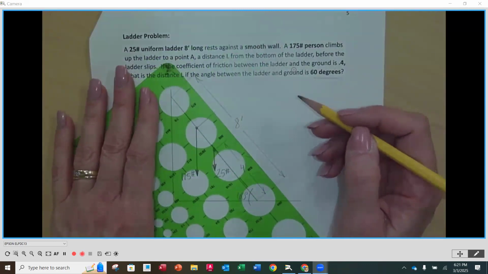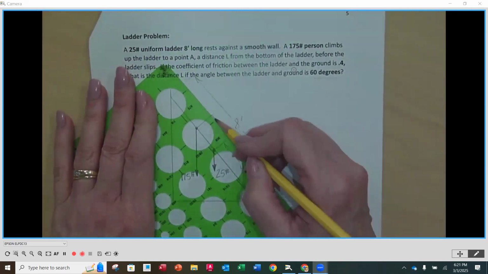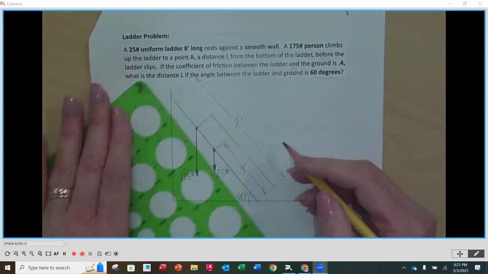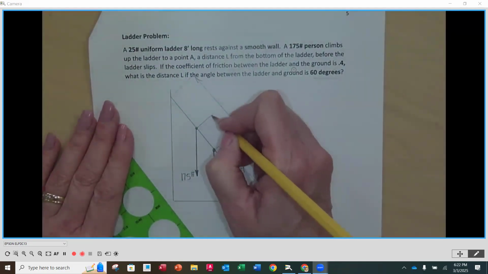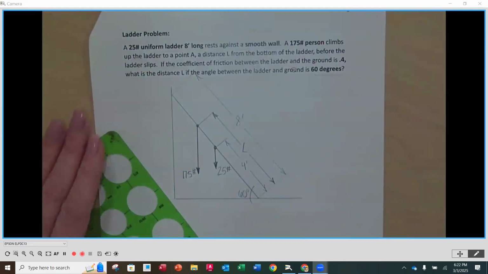That's what we want to find. That's this problem. So we want to find this distance L that they can climb up without that ladder kind of kicking out and falling over. So these are our 2 applied loads. We've got the weight of the person that's climbing up the ladder, and we have the weight of the ladder.